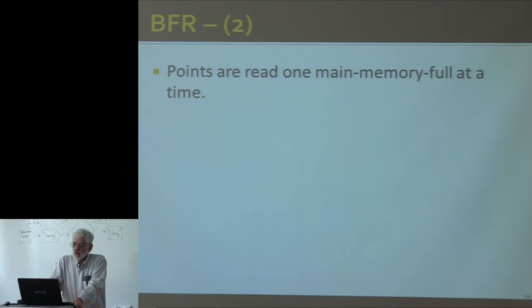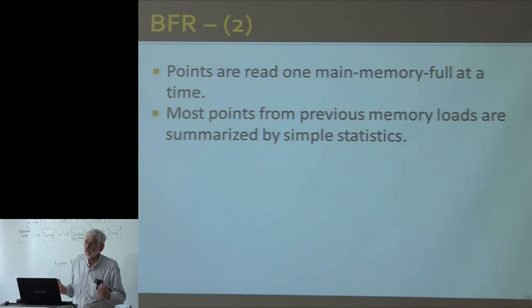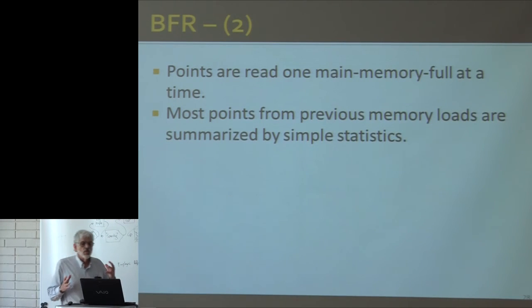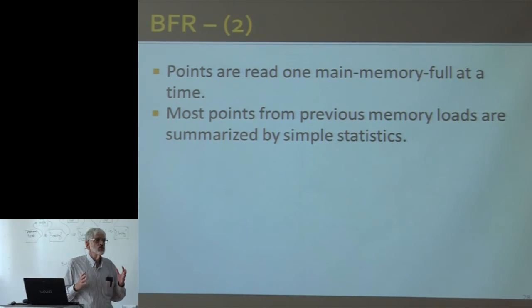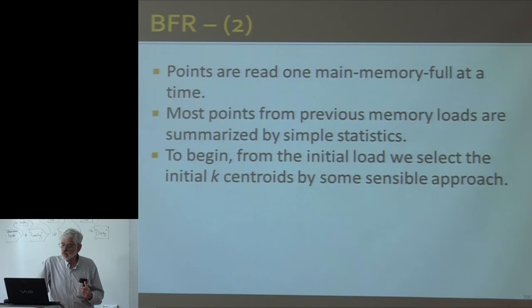So in the BFR algorithm, we're going to read the points one main memory full at a time. The idea is that the points that have been processed so far are mostly summarized by some simple statistics. That is, we've decided how to handle most of the points from the previous memory loads, and we represent them by statistics.